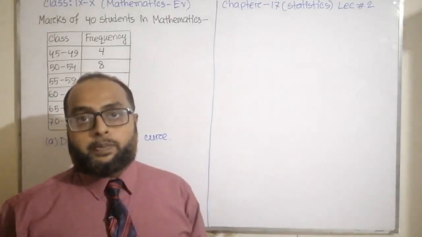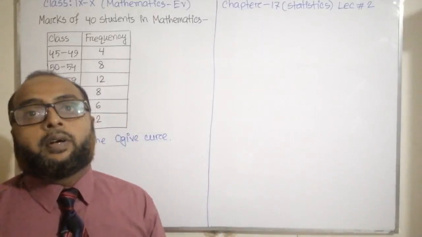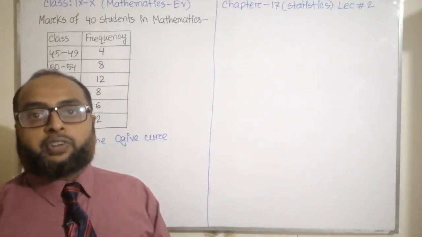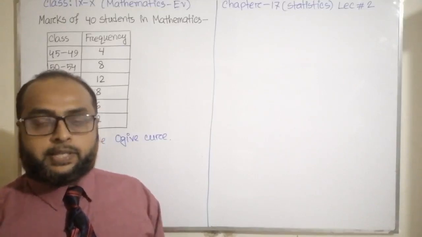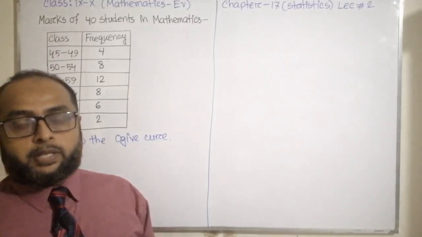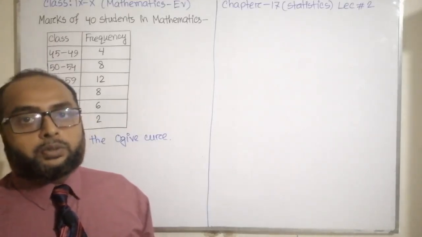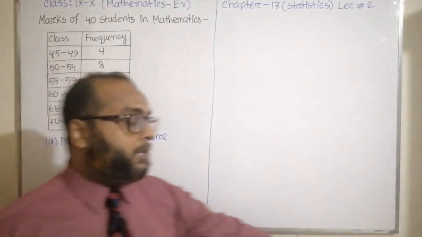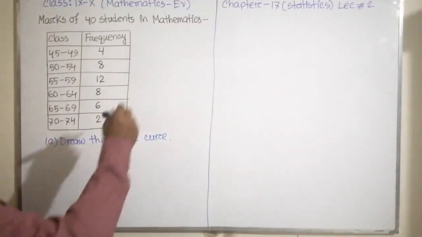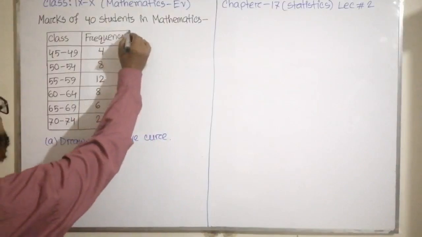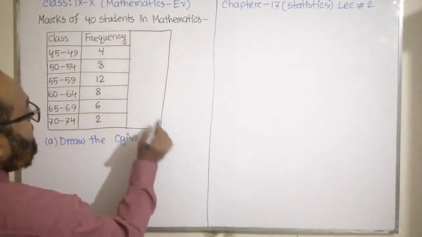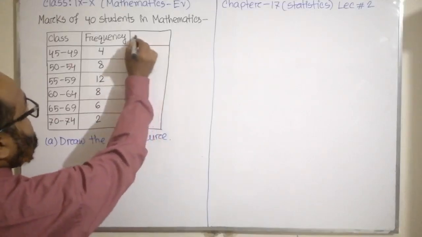To draw the algebraic curve we need the highest value of class along the x-axis and cumulative frequency along the y-axis. For this reason we have to draw another column for this graph. We need the cumulative frequency.